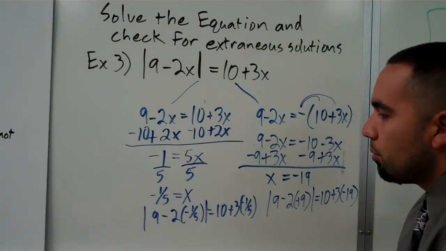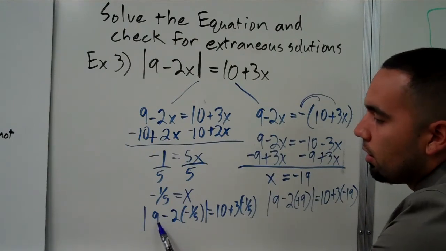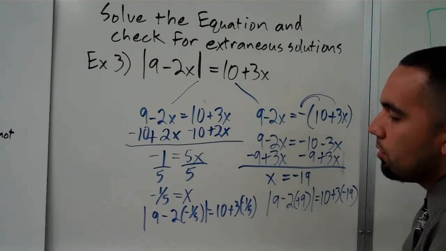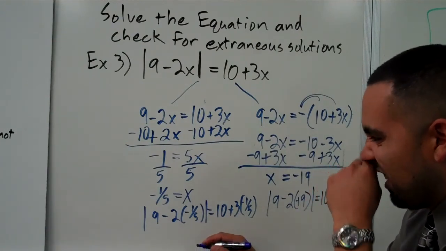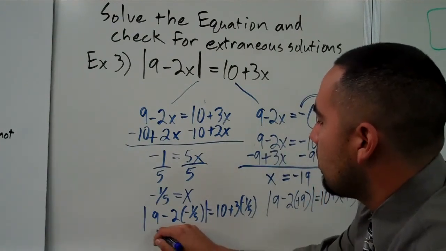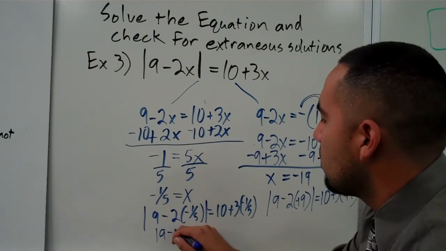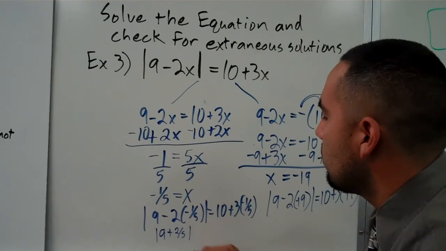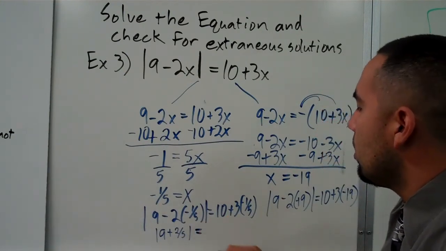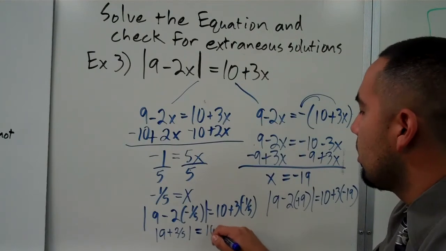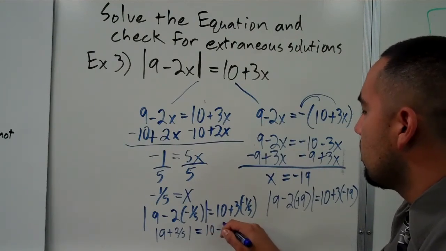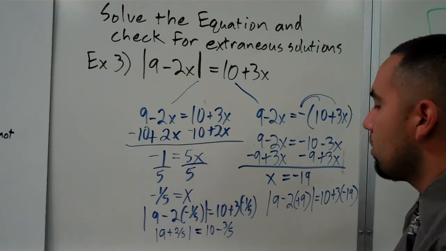Well, not so fun numbers here, but let's take a look. 9 minus 2 times, well, I have a negative times a negative, so I'm going to get positive 2/5. So I'm going to get the absolute value of 9 plus 2/5, which is going to be just over 9, right? Equals 10 minus 3/5.